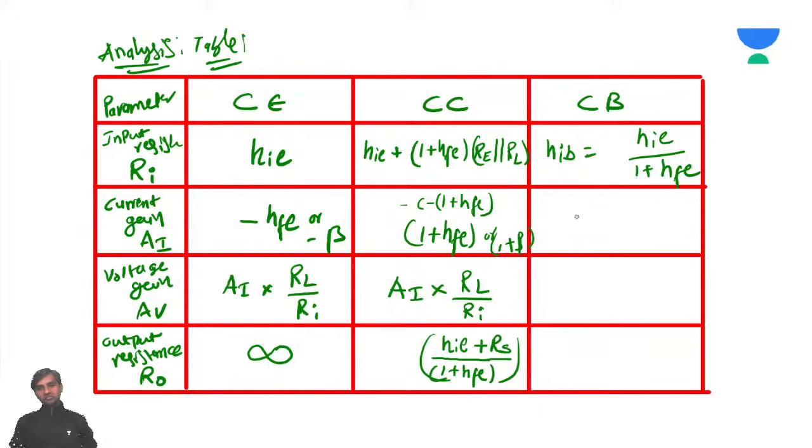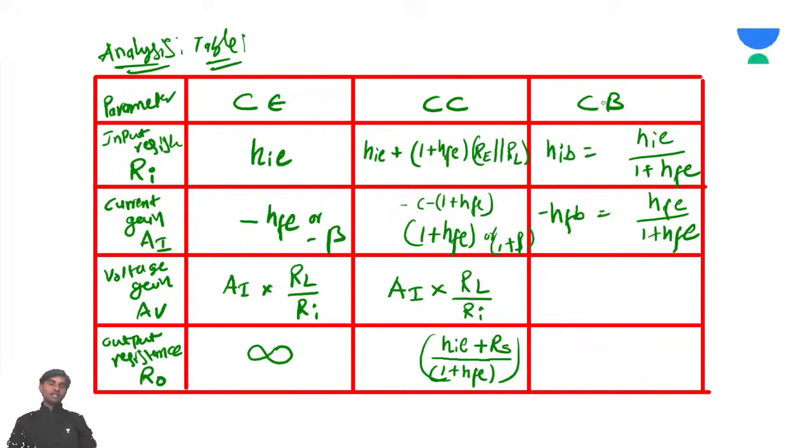No change. And what is HFB? Minus of minus, so I can write minus HFB. It's going to be simply HFE by 1 plus HFE, the current gain.